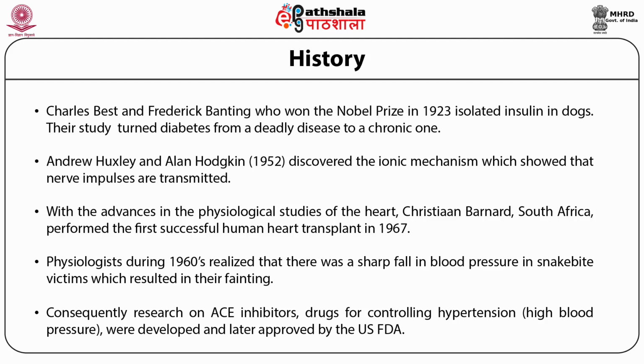ACE here refers to angiotensin converting enzyme. Consequently, research on ACE inhibitors, drugs for controlling hypertension, that is high blood pressure, was developed and later approved by the US FDA.